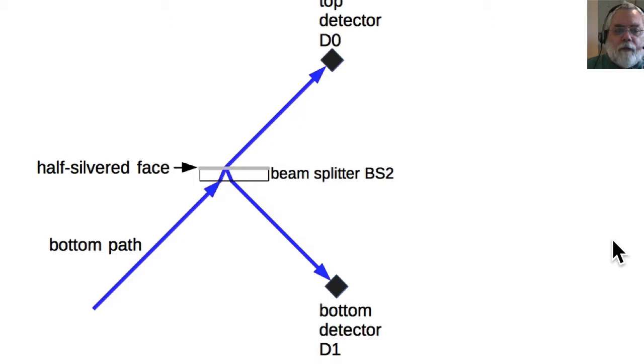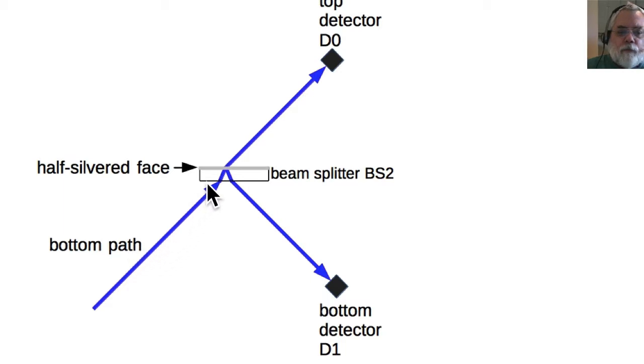Now we'll look at the case of the bottom path being split by beam splitter 2. The half-silvered face is on the top, so the bottom path will transit the glass on its way to detector D0 and not experience a phase change.